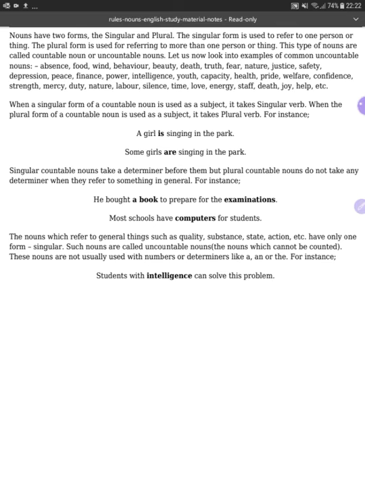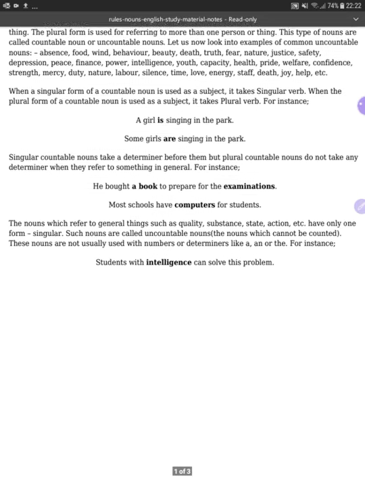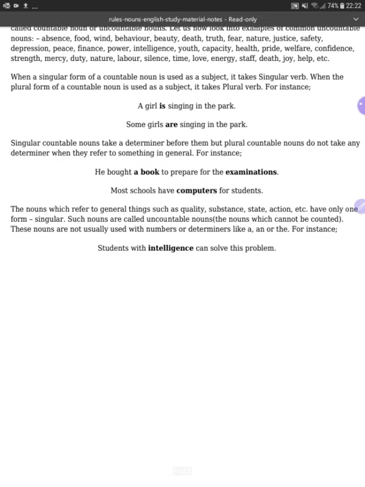These nouns are not usually used with numbers or determiners like a, an, or the. For instance, we can take some examples. Let us discuss the example. Students with intelligence can solve this problem.